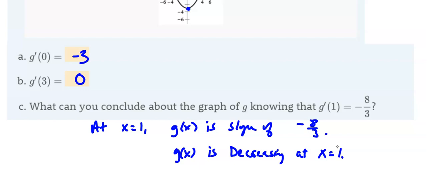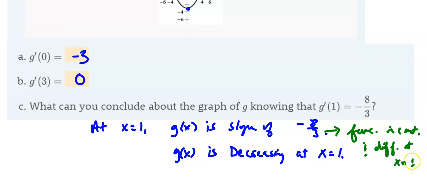That's all I can tell you. The slope at x equals 1 is negative 8/3. Since the point has a slope, we could also say the function is continuous and differentiable at x equals 1. That's true too. So a lot of different answers here. Any one of those would have been fine.